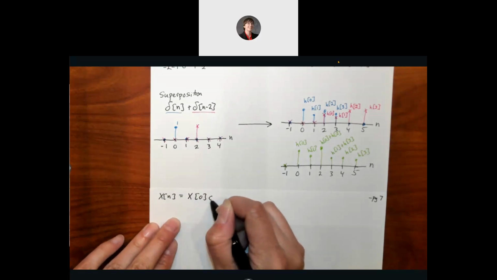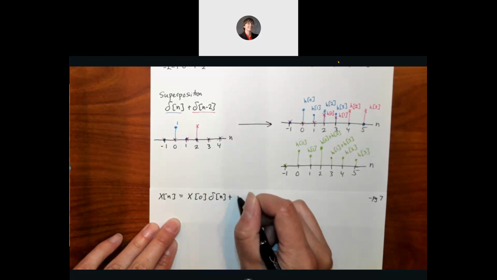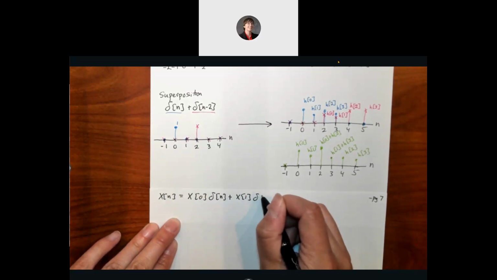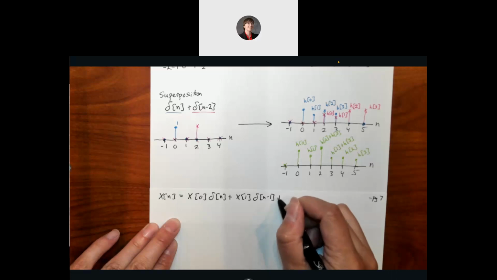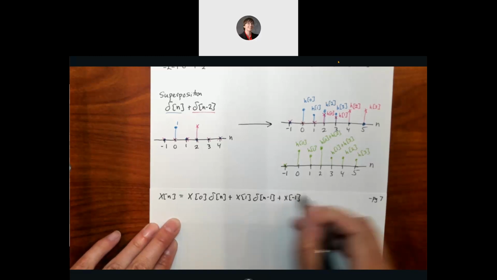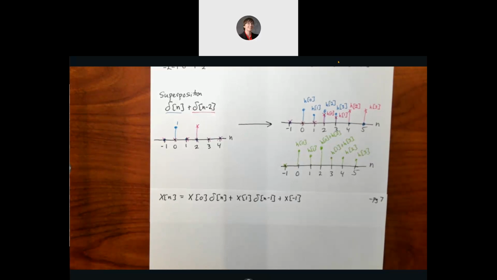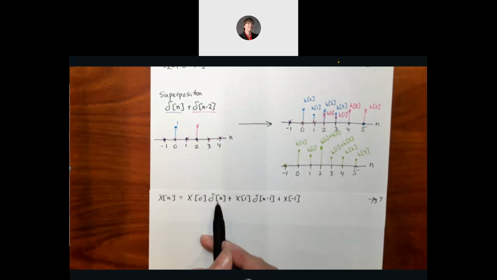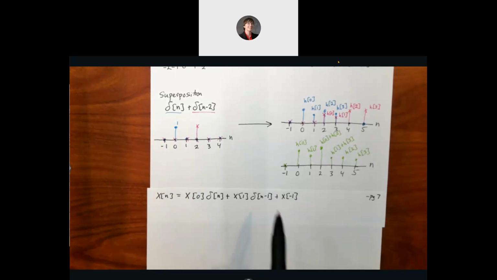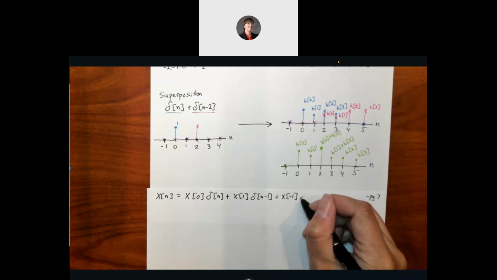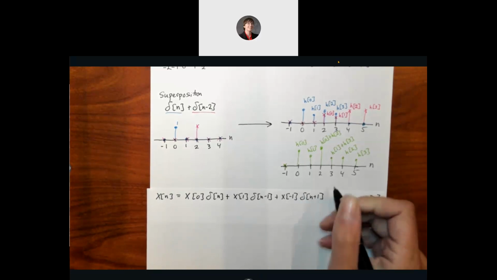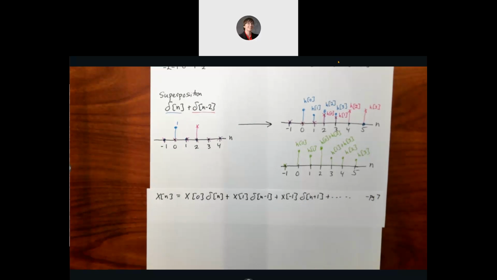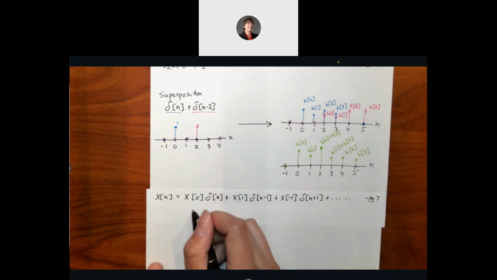What I can do is I can write this as a series of scaled shifted impulses. Right, so I get the magnitude from whatever that x of n value is, and then the delta gives us that location on the independent axis. And as I shift my deltas, then I'm shifting those values. And I can have however many I need to capture all of the non-zero values of x of n.